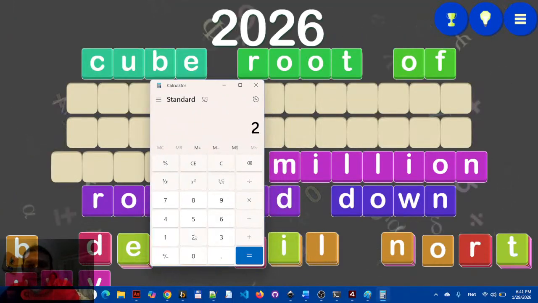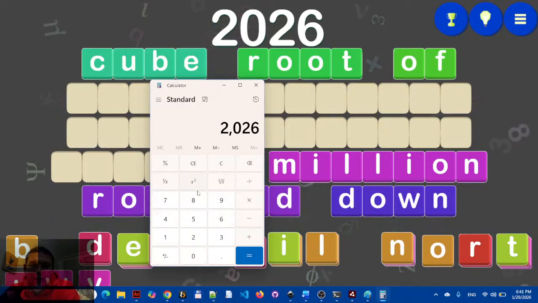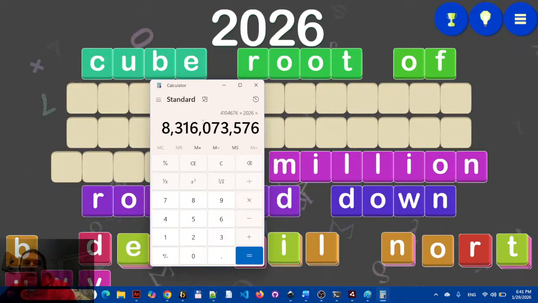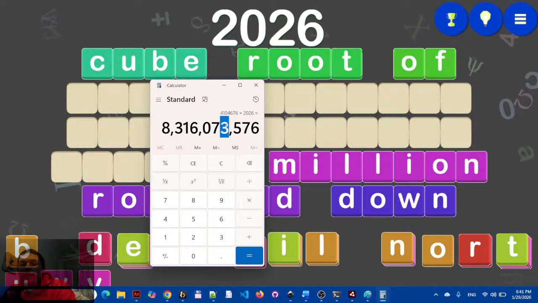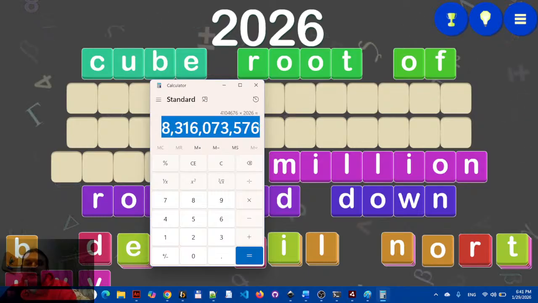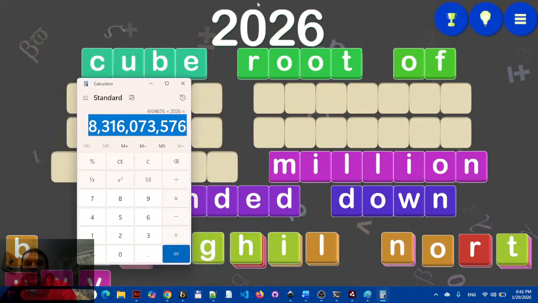If the result is 2026, then we can go to cube: 2026 times 2026 times 2026. So we have 8, how much is this? Trillion, 316,073,576. It will be the exact cube root of this number, it is 2026.